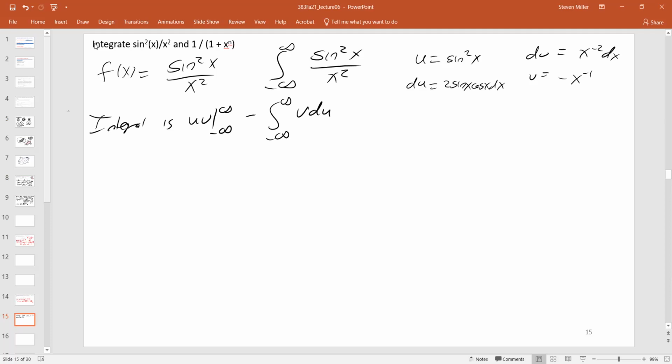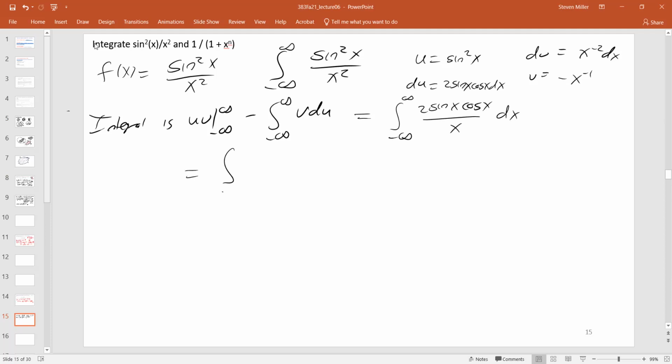What's the boundary term going to be? It's going to be 0. And so when we plug everything in, this is going to just be the integral from minus infinity to infinity, the negatives reinforced, 2 sine x cosine x over x dx.